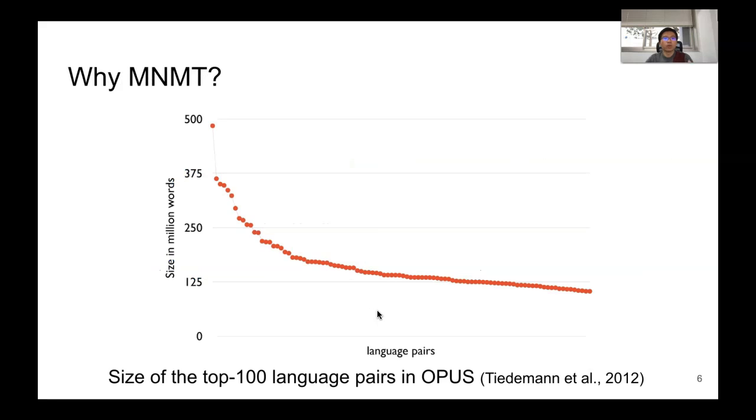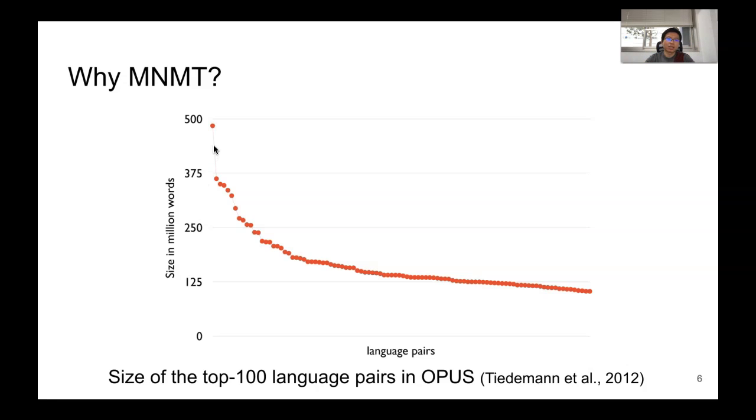So, why is MNMT important? Here shows a figure about the top 100 language pairs in the open source parallel corpus OPUS. So you can see that in the x-axis it shows the language pairs, and here the y-axis shows the corpus size.